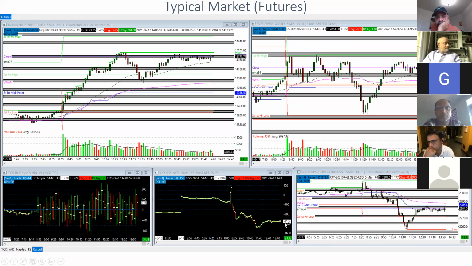This is minus 1104 at this particular time, which was 1340 on this particular date, I think the 17th or 18th of June. A total of 1100 stocks in the New York Stock Exchange are trading lower than yesterday. So it's bearish.